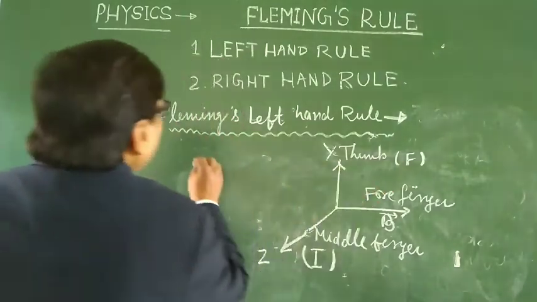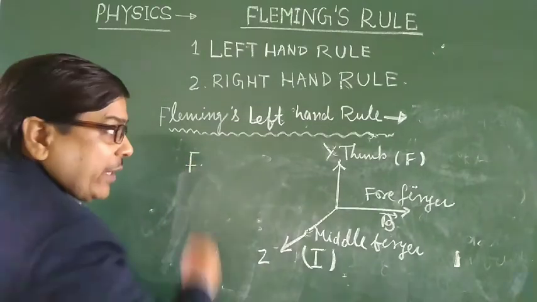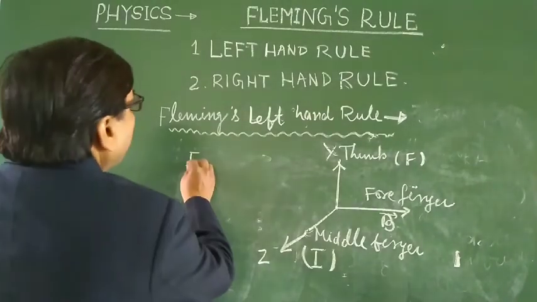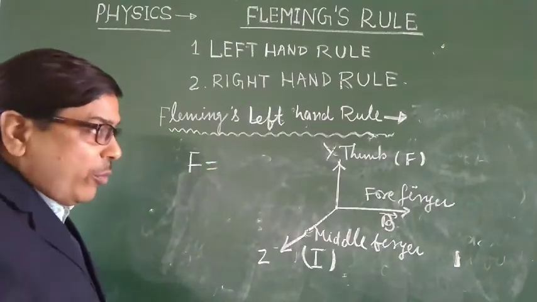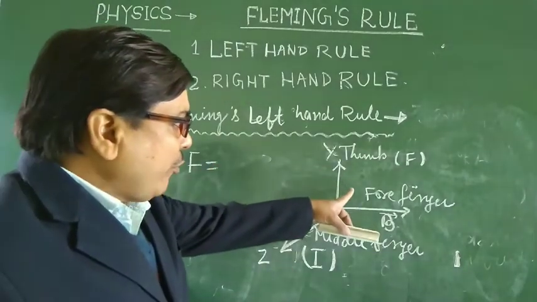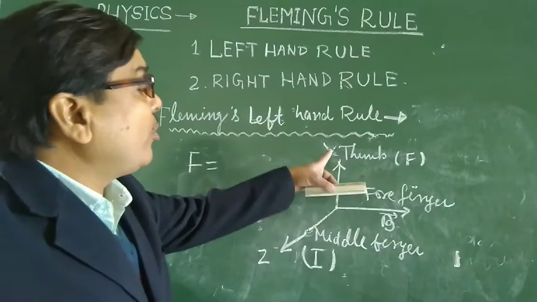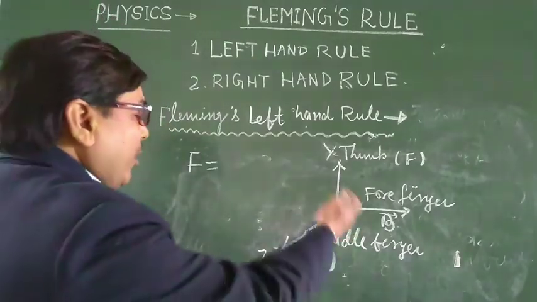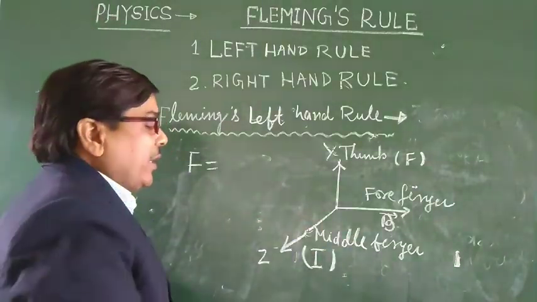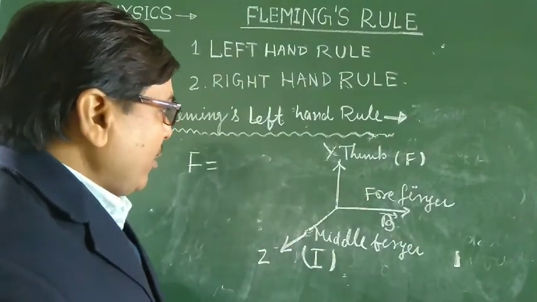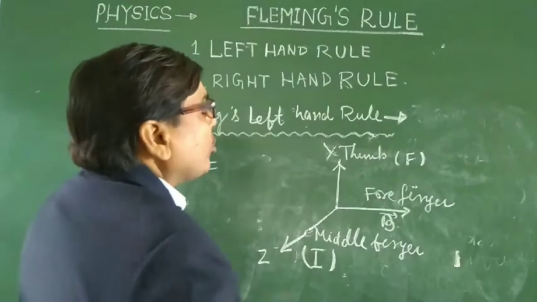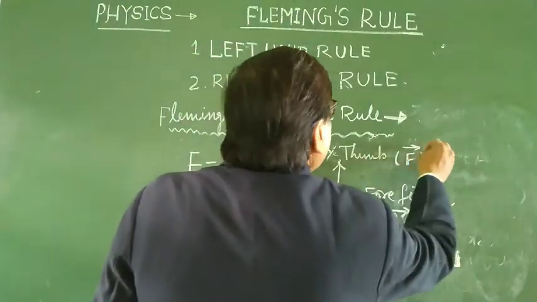Then F indicates the force along this direction. Similarly, if any two directions are represented, the other gives the direction of the force exerted. So this is the thumb, force exerted.